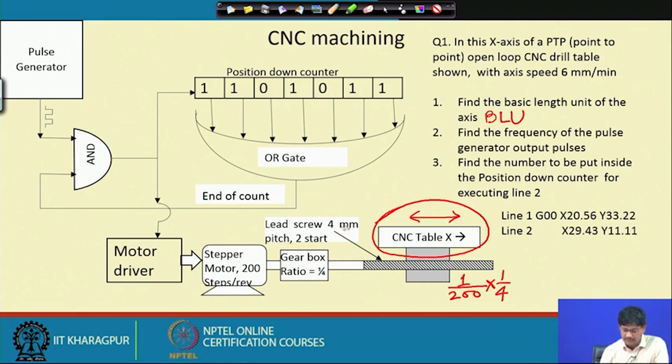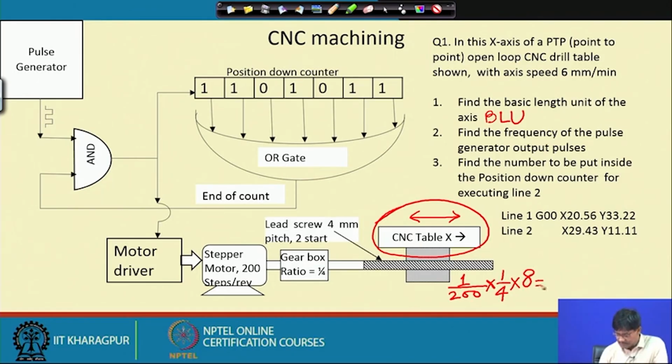The lead screw, however, will be undergoing 8 millimeters per rotation of the lead screw. So, for these many rotations of the lead screw, it will be moving the table by 8 millimeters into this.